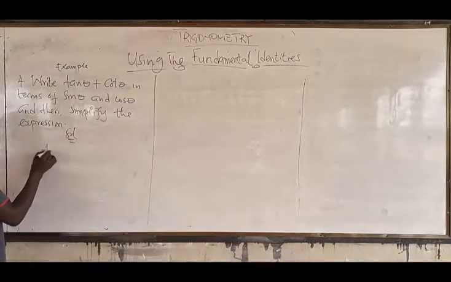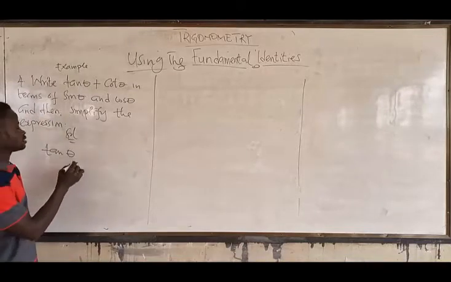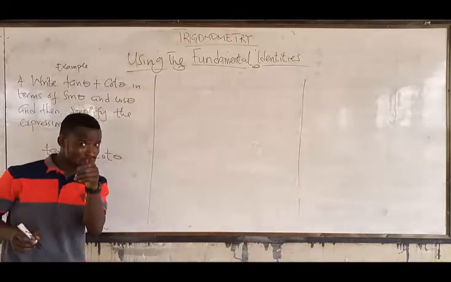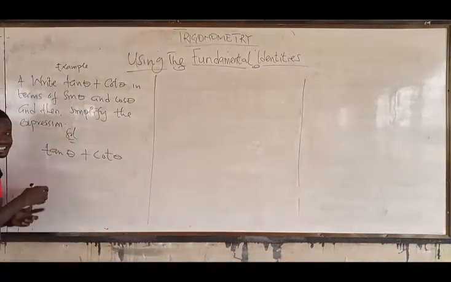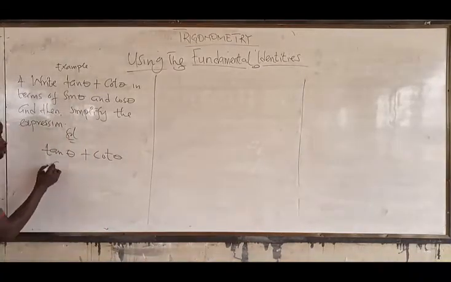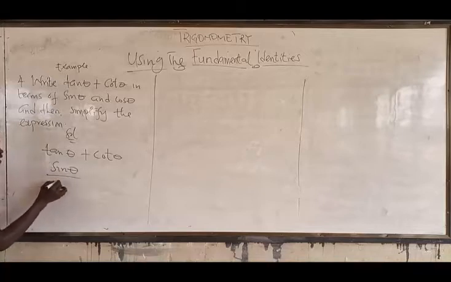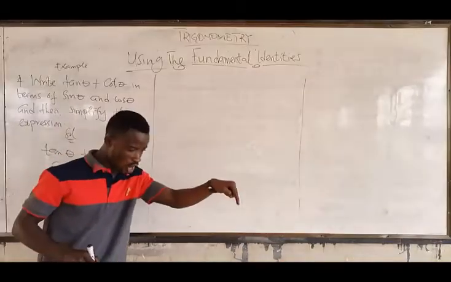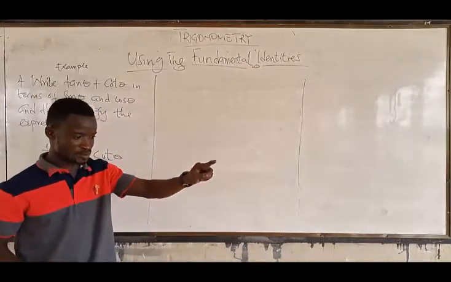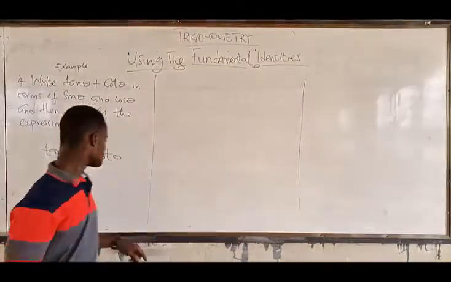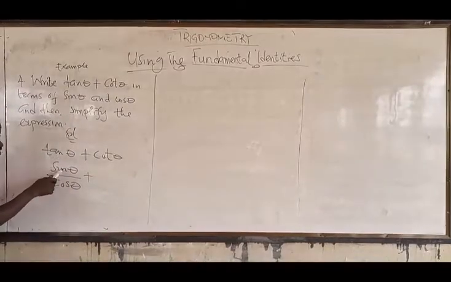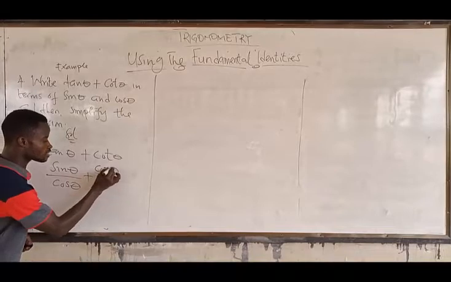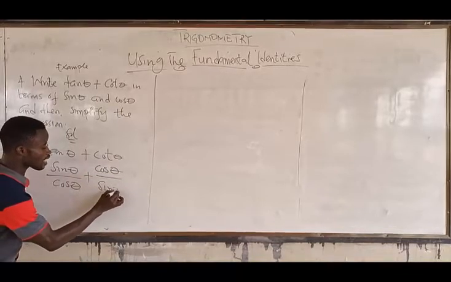Alright, so this is the expression: tan theta plus cot theta. But we know that tan theta is equal to, tell me, sin theta over cos theta, plus, and we know cot is the reciprocal of tan. Therefore, if tan is sine over cos, cot will be cos theta over sin theta.